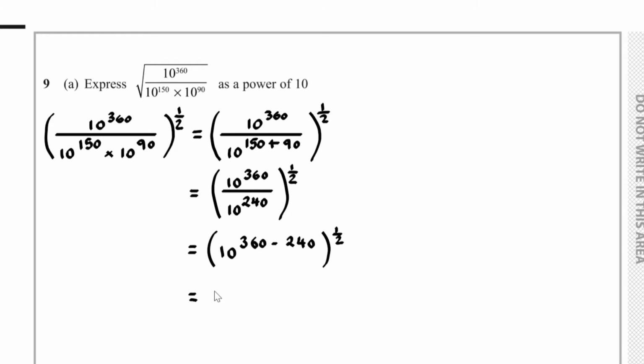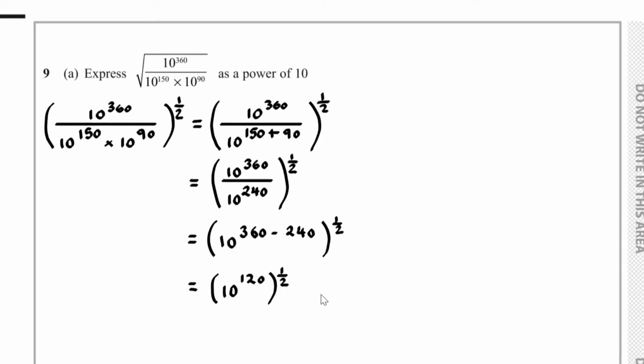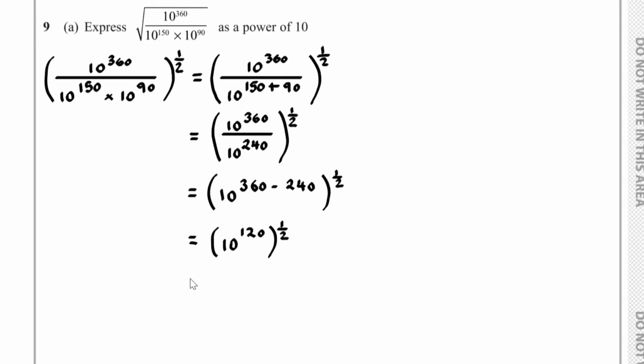So we have 10 to the 120 raised to the 1/2, and at this point we can multiply the powers.